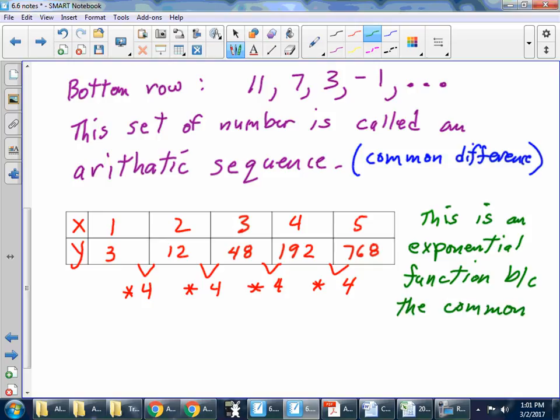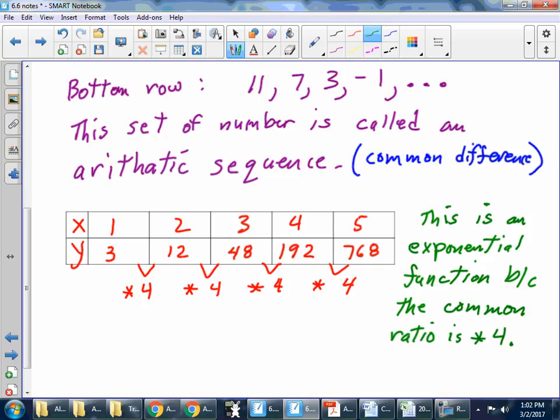What's common? The common, what's that called? Times 4, the common starts with an R. Ratio, there you go. You're on fire today. Okay, the common ratio is times 4. That's major.